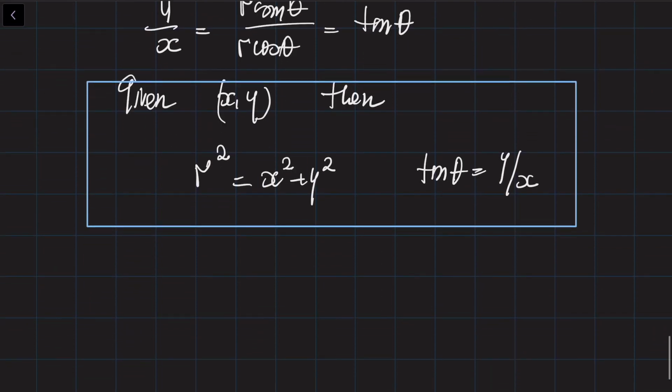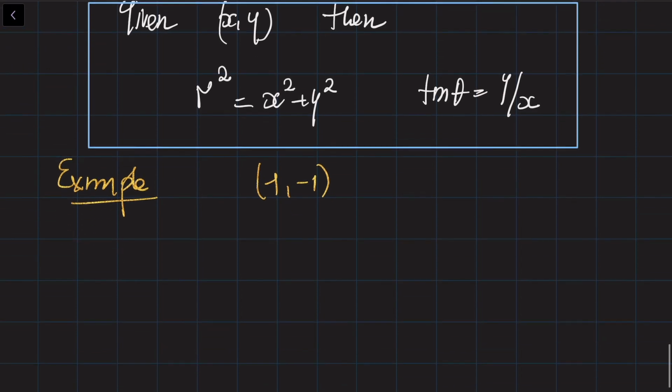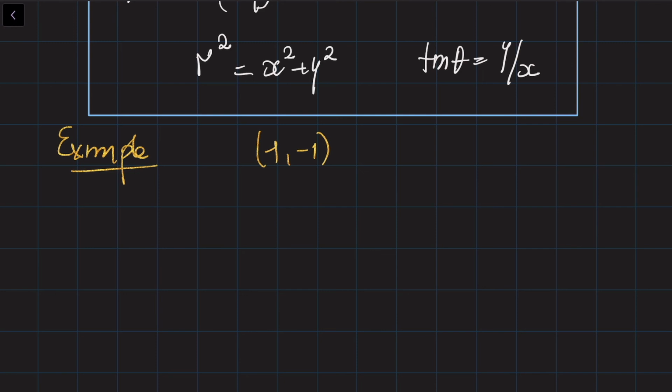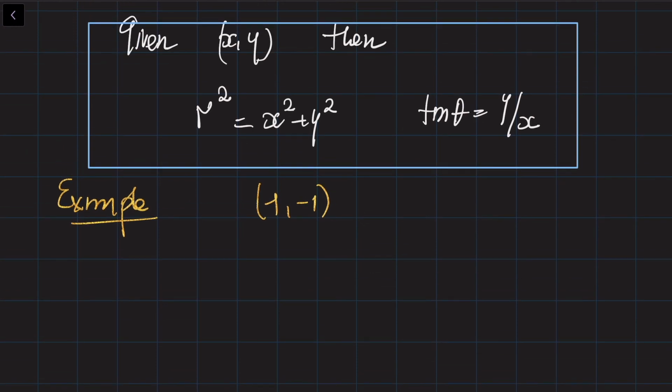So let's do a small example as well. Let's say we are given the point 1 and minus 1. It is super clear for us how to draw that point. What we have to do is find r.